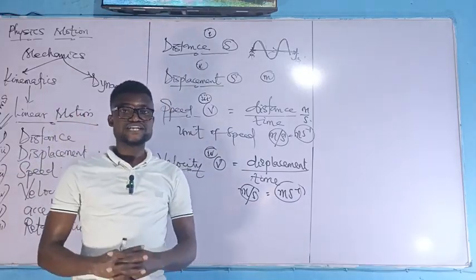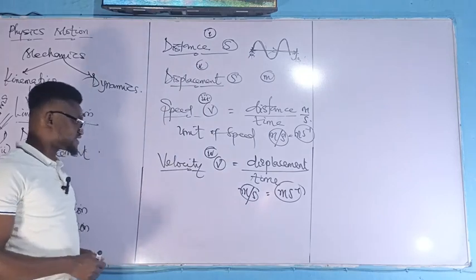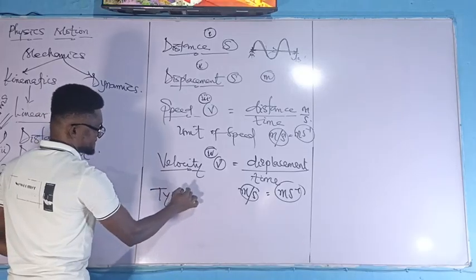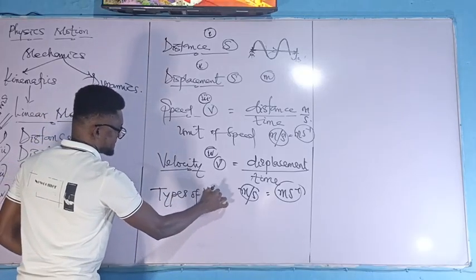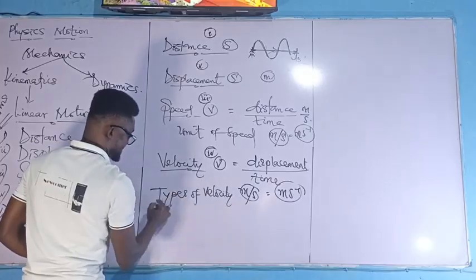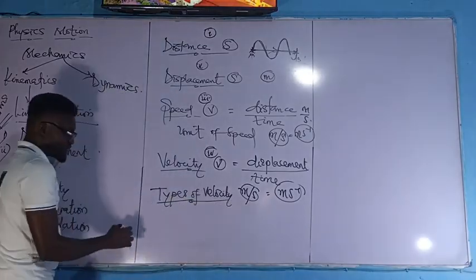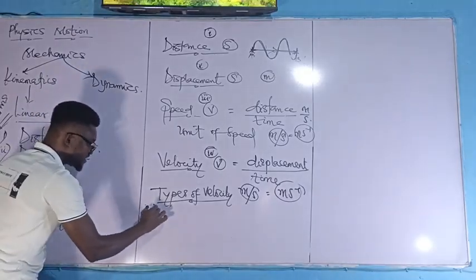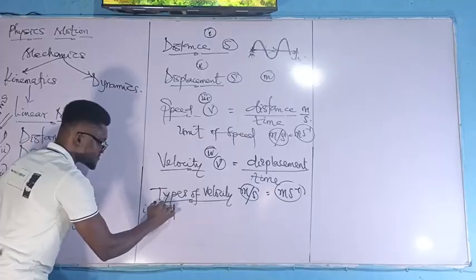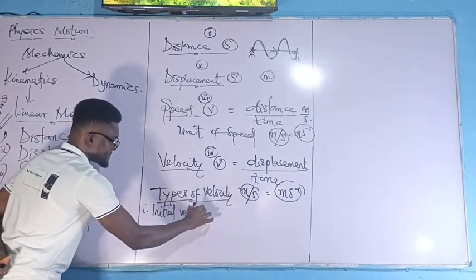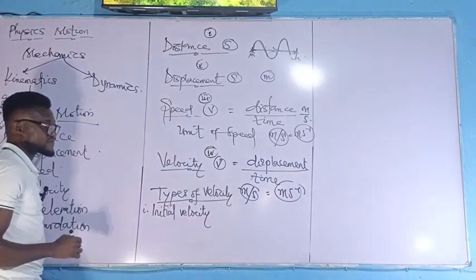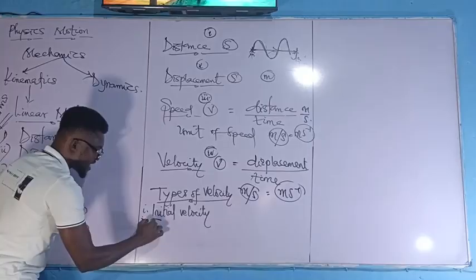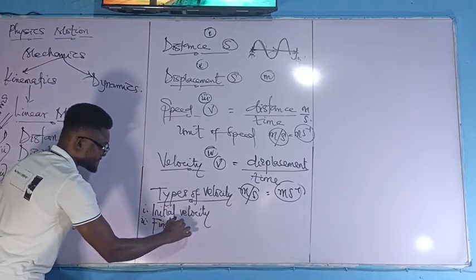Now we are going to look into types of velocity. One, we have initial velocity. Then again, we have final velocity.